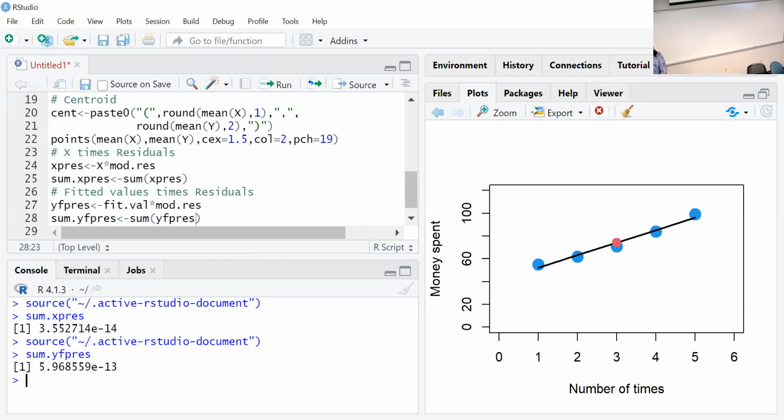I get 5.96855 times 10 raised to negative 13.